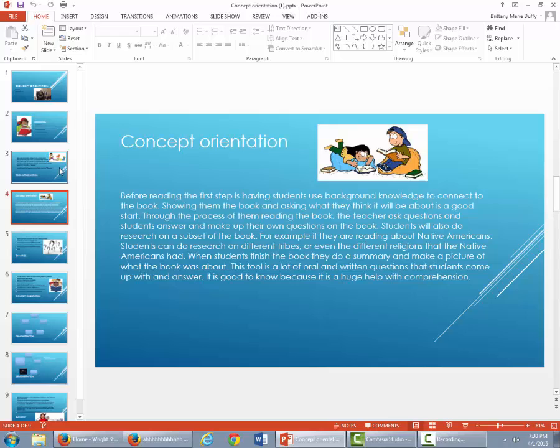Then when students finish the book, they do a summary of the book. Now, this shows the teacher what they're able to remember, what they were able to comprehend. They go about thinking about the book again and again, trying to get it down on paper, summarizing it. And they also, another step is drawing a picture of what the book is about.